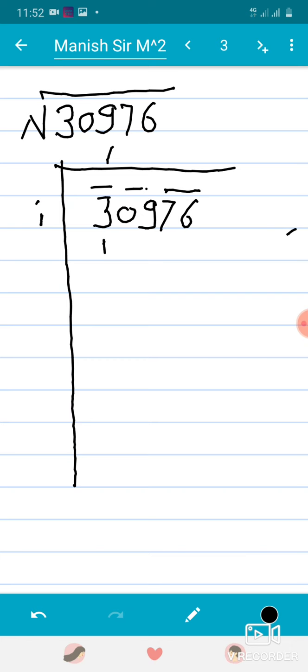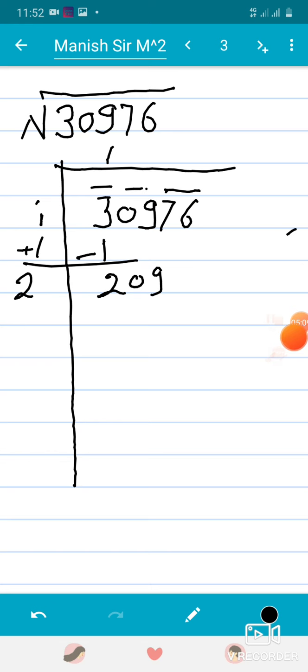1 1 is 1. Here we subtract and here we add 1 1, making 2. On the left side we leave some space after addition. 3 minus 1 becomes 2. We drop the second pair, 09, and it becomes 209.